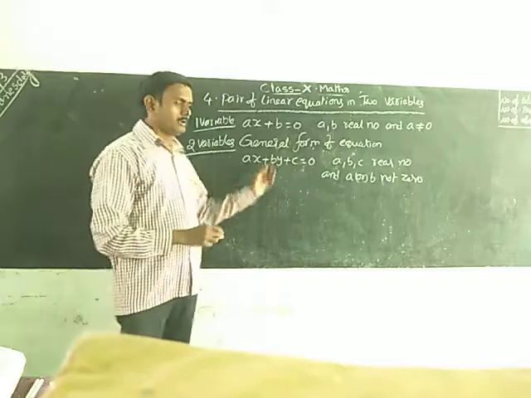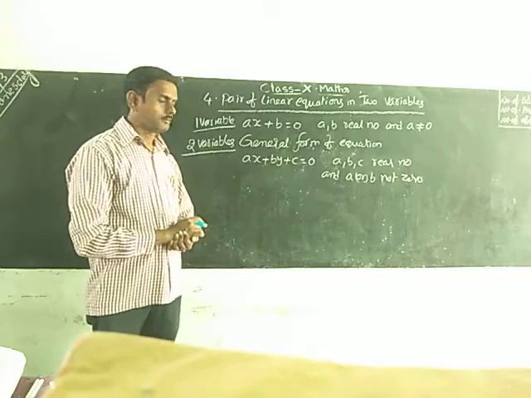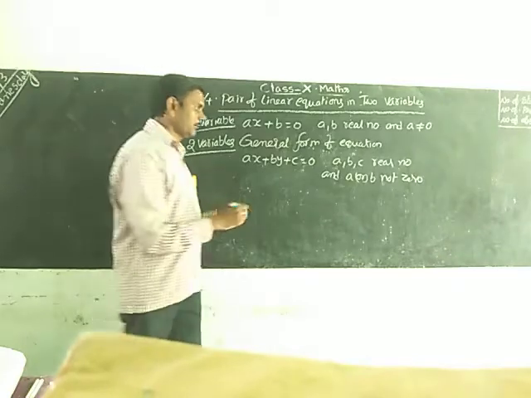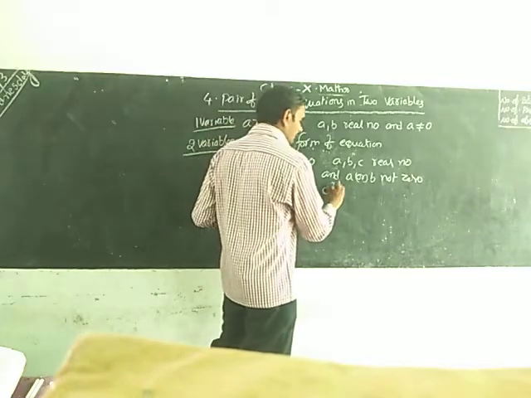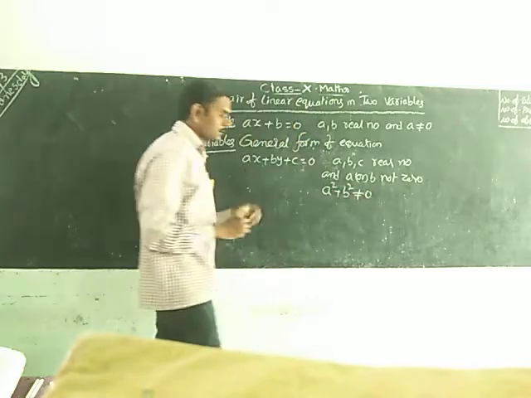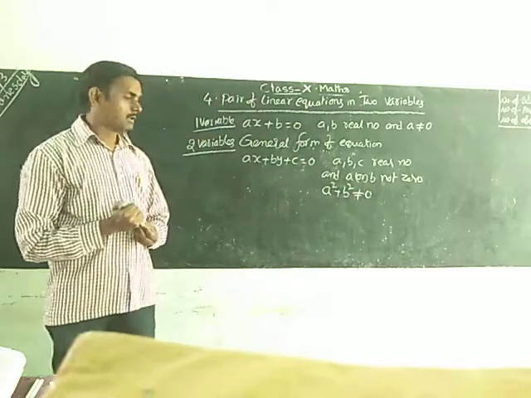Either a or b, anyone should not be equal to 0. Later it will hold the condition a square plus b square not equal to 0.